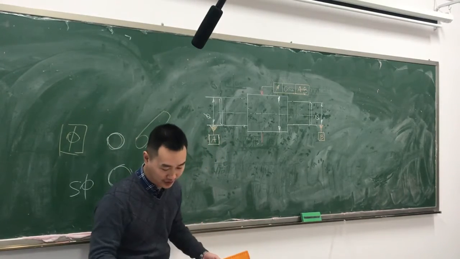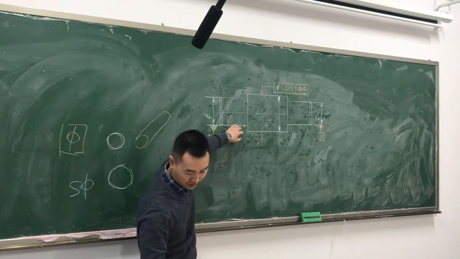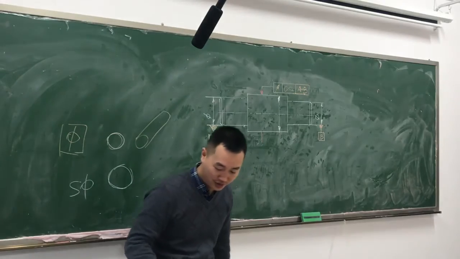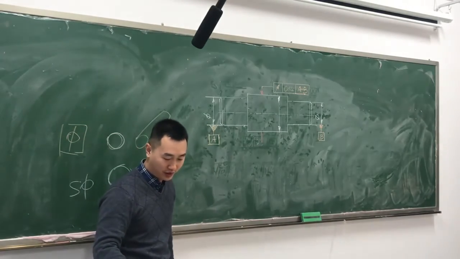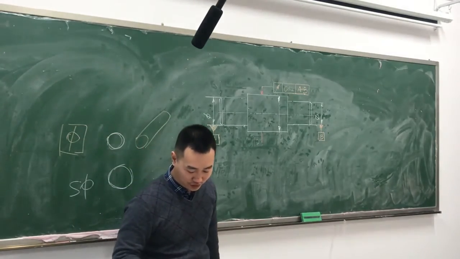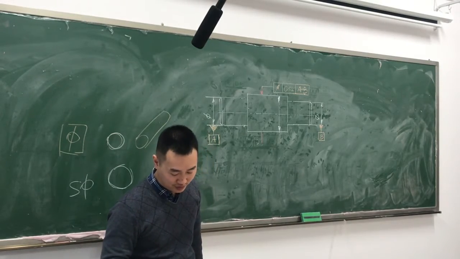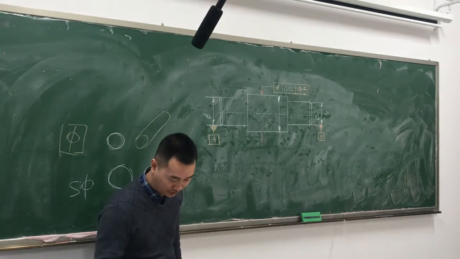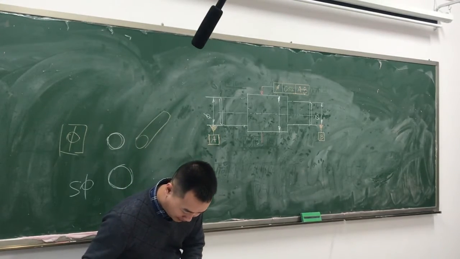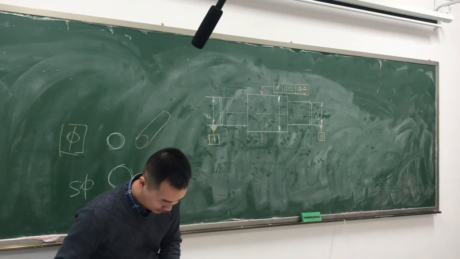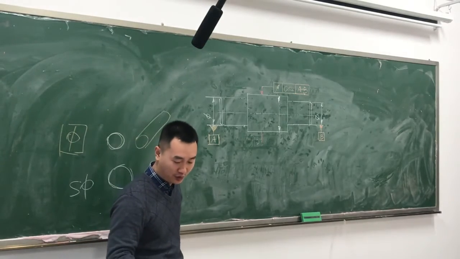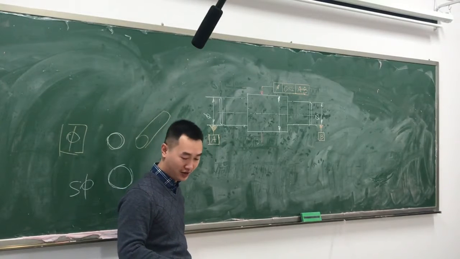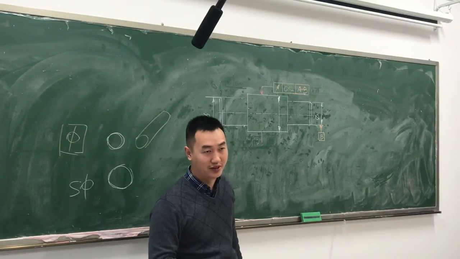So let's look at the next one. Here, the original label is the cylindricity. Cylindricity is one of the form tolerances. For form tolerance, we have said it does not require a datum, right?